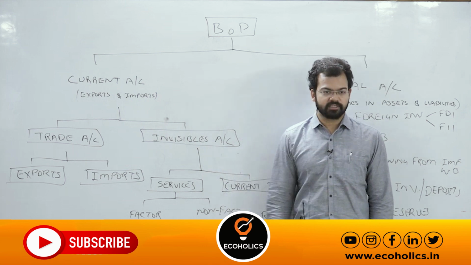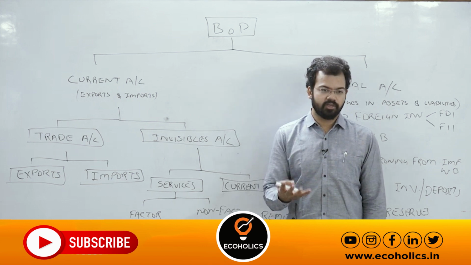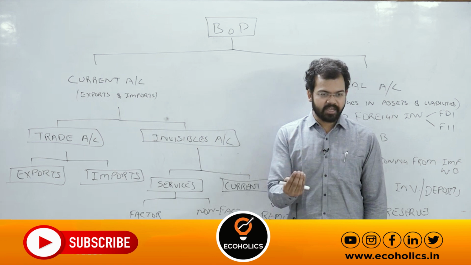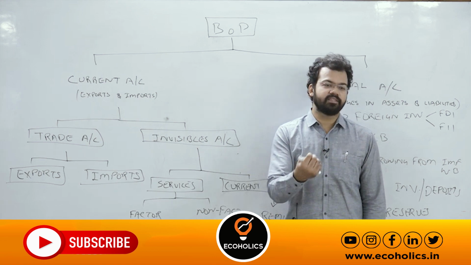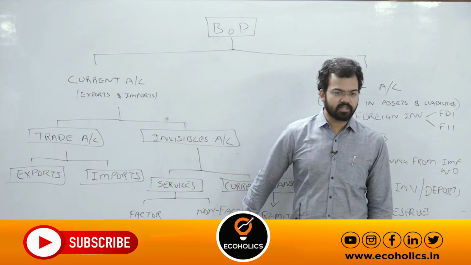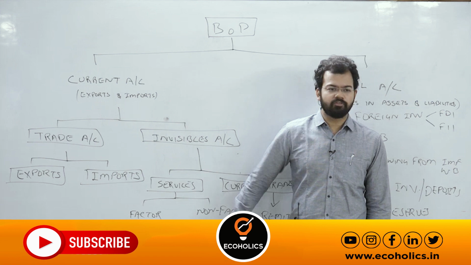Factor, non-factor. Factor services are like the 4 types of factors of production. If you are producing something, you require land, labor, capital and entrepreneur. If you are getting any kind of remuneration by providing these kinds of services, this will come under factor services. Non-factor services like, for example, consultancy services, BPO, software exporting.